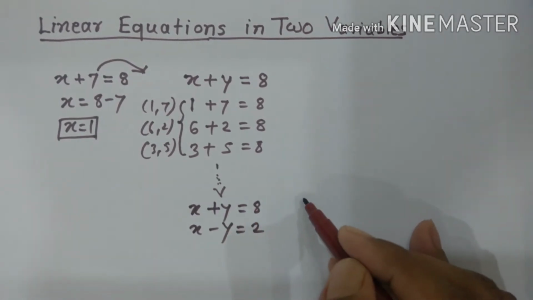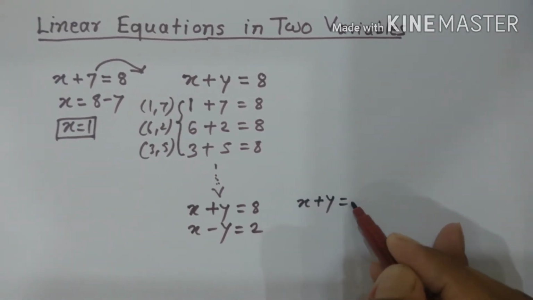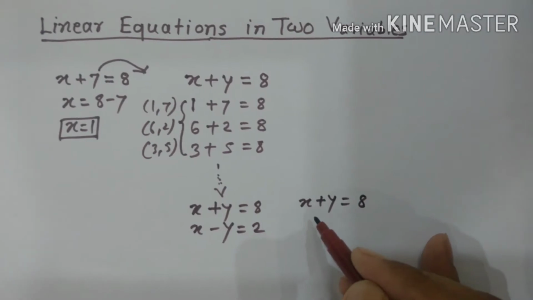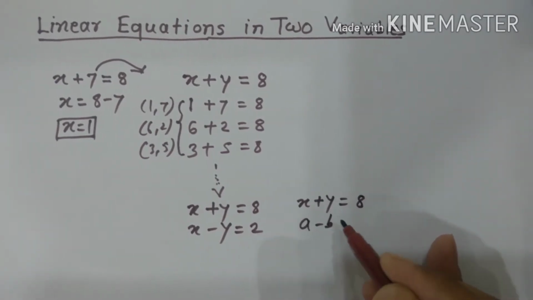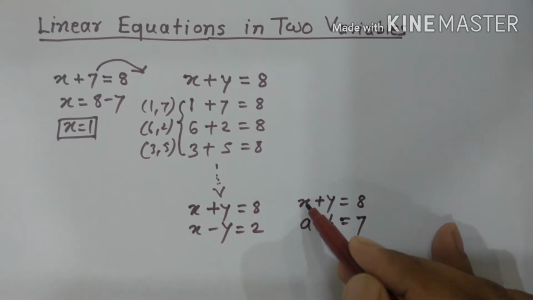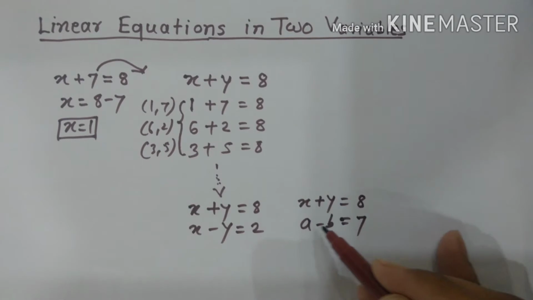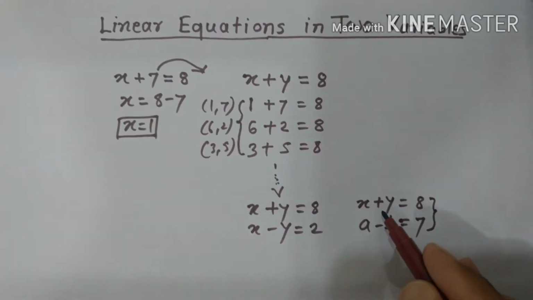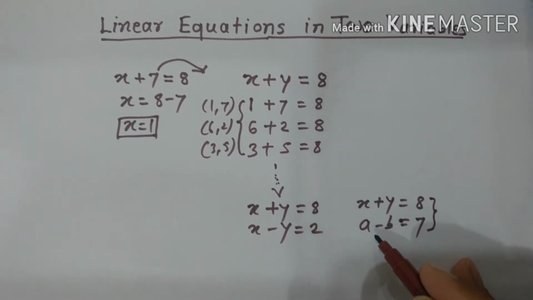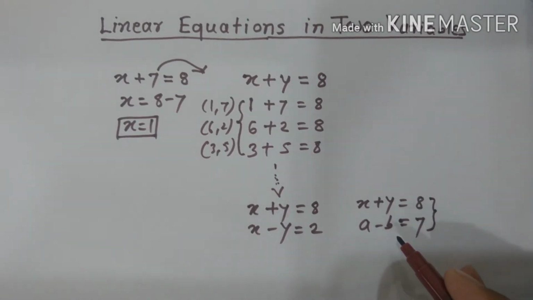For example, if one equation is x plus y equals 8 and the other equation is a minus b equals 7, here the pair of variables in the first equation is x and y, and the pair of variables in the other equation is a and b. Therefore this pair of linear equations in two variables is not called simultaneous equations.